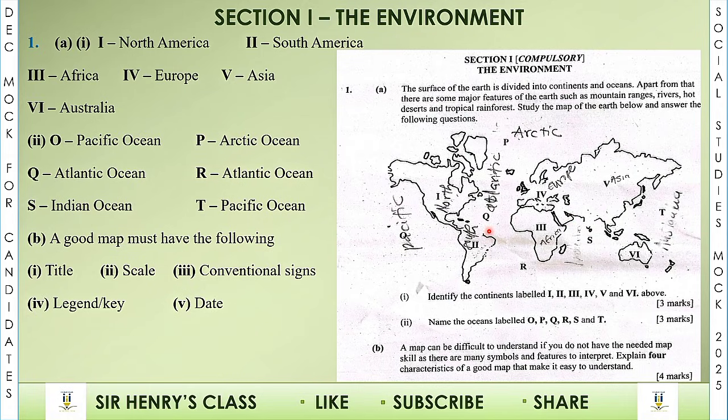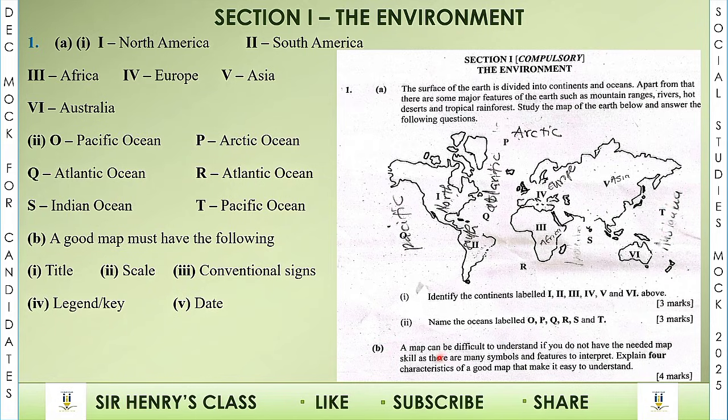And then we have R also to be the Atlantic Ocean, occupying the southern part of Africa and also to the western side. Or we'll say the northern side of South America, or the southeastern side of North America. And then we have S, the Indian Ocean, and we have T, the Pacific Ocean.